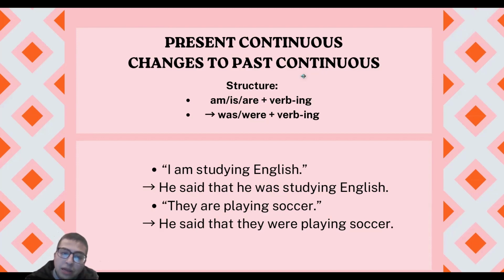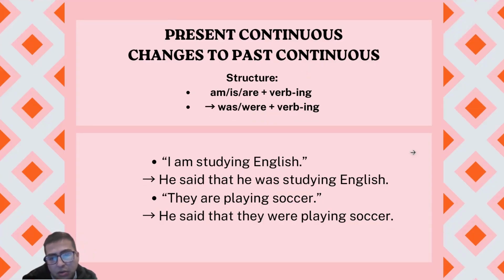For example, I am doing my homework becomes he said that he was doing his homework. Another example, they are watching TV becomes he said that they were watching TV. And we have, they are playing soccer becomes he said that they were playing soccer.